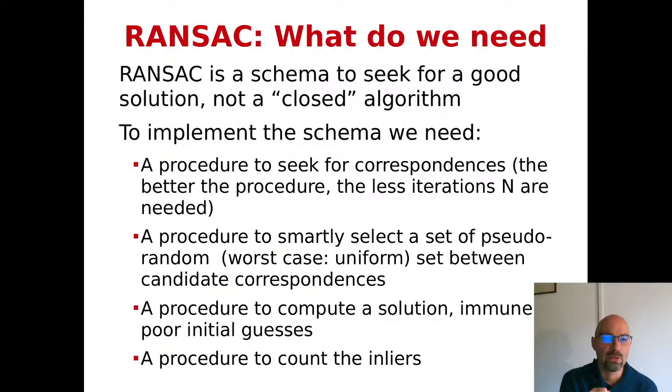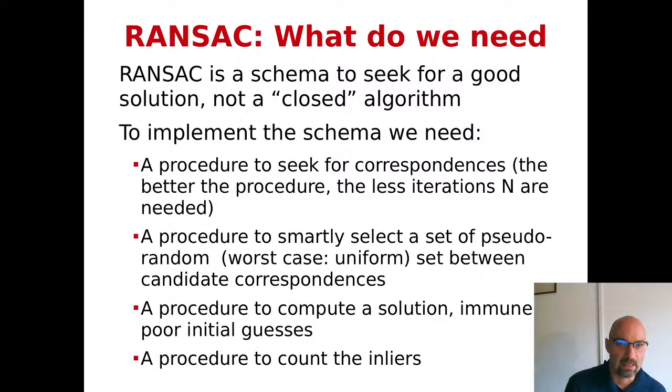So it would make sense, when I select a set of correspondences, to pick 3 correspondences in the one cloud and 3 in the other cloud where the distances between each other are more or less alike, because if on the one side I have a triangle which is like that, and on the other side I have a triangle which is like that, those two will never align. So you could use some sort of invariant, but in the worst of the cases you go uniform.